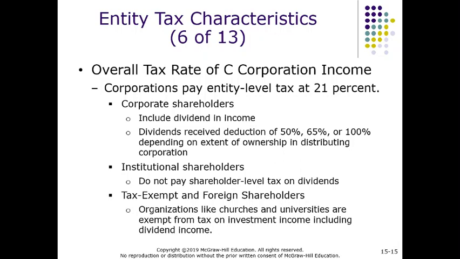And if that second corporation pays dividends to the first corporation, the first has to include the dividend in income, but it receives what's called a dividends received deduction, which reduces the amount of the dividend that's subject to tax by either 50%, 65%, or 100%, depending on the extent of ownership in that second corporation, which is the distributing corporation.